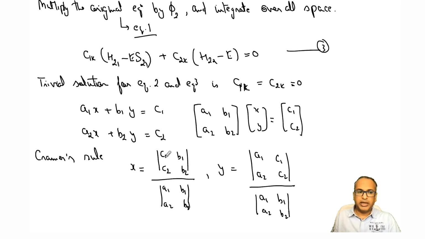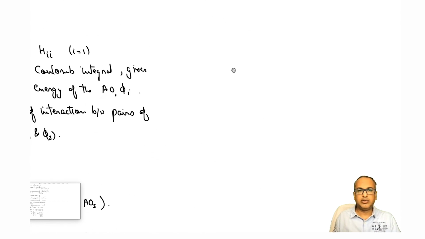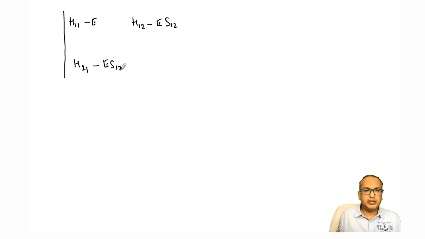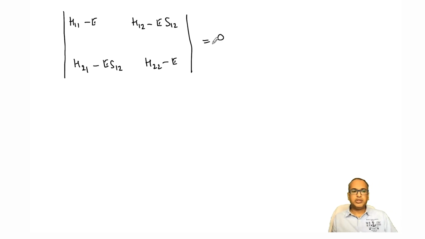So applying the same Cramer's rule to this equation, we will get the determinant with rows H11 minus E, H12 minus E S12, and H21 minus E S12, H22 minus E. This determinant will go to 0.